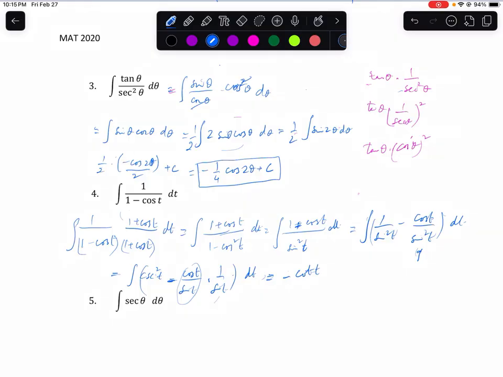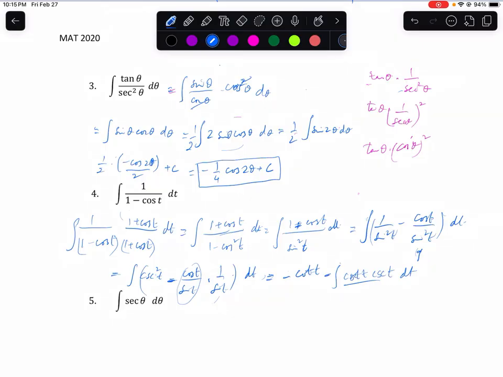So let me write it like this: minus the integral of cosecant t times cotangent t dt. But this thing is the derivative of negative cosecant t, so we have the negative sign here.